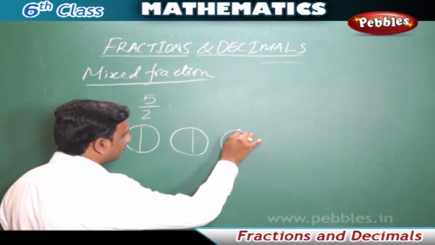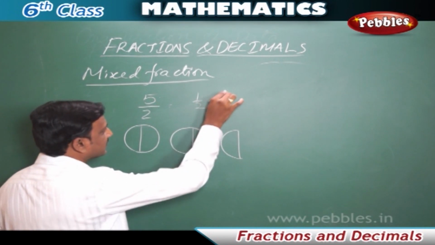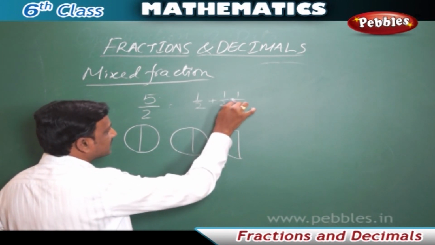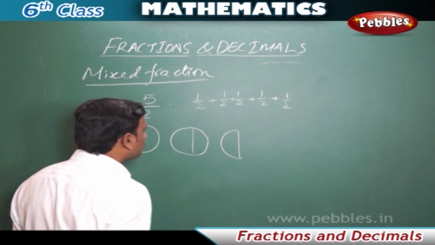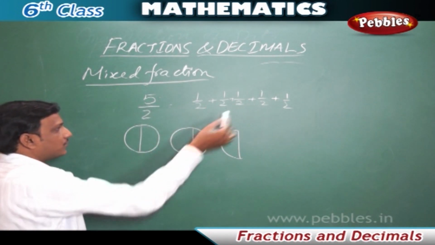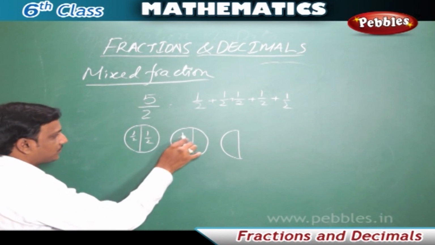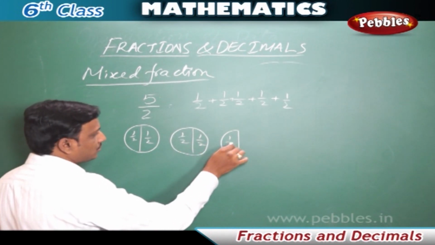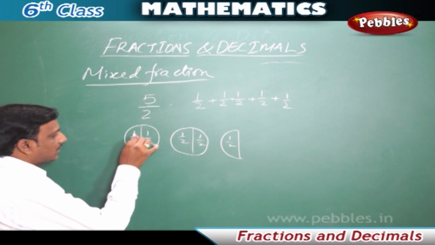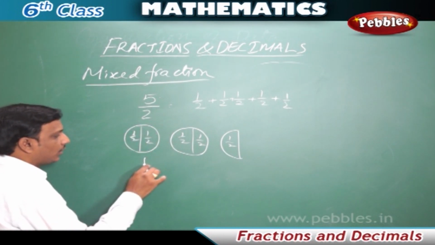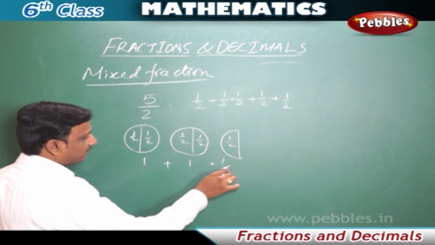and a half. That means 5/2 means 1/2 plus 1/2 plus 1/2 plus 1/2 plus 1/2. So it has five 1/2s. That is, two 1/2s make one whole, another two 1/2s make another whole, and one half.